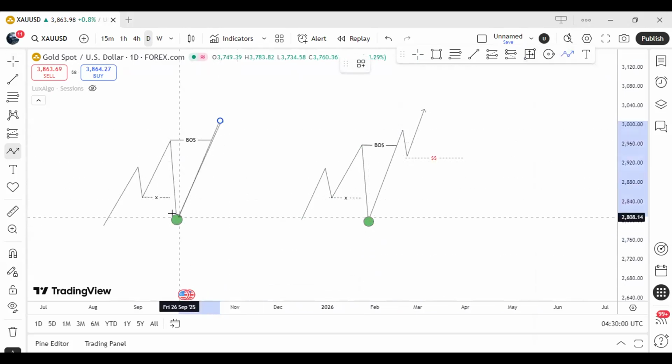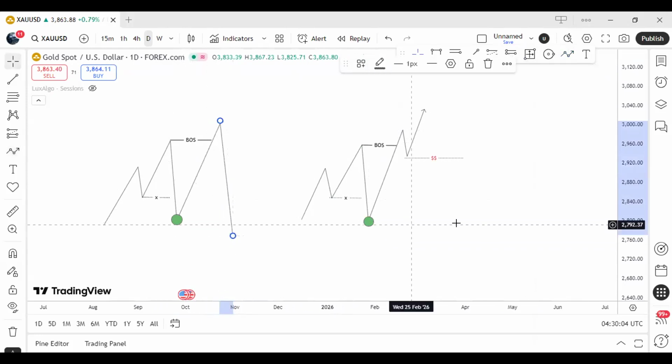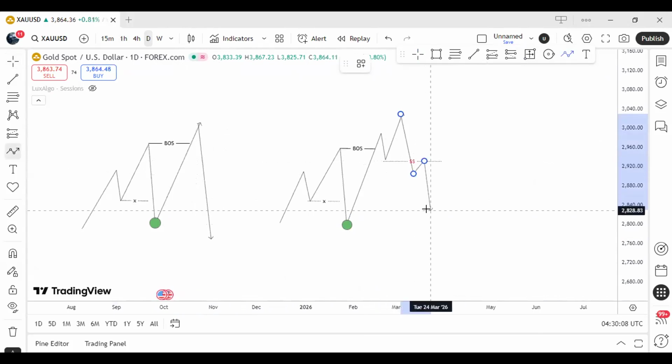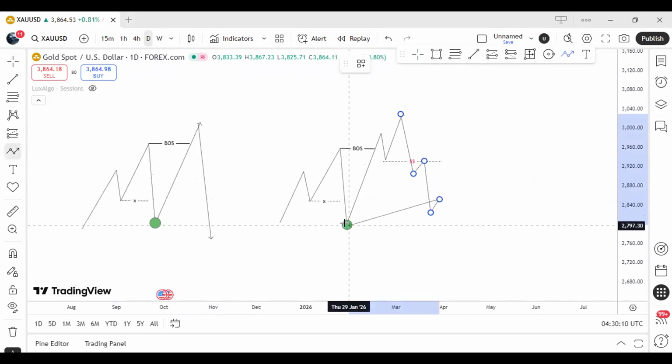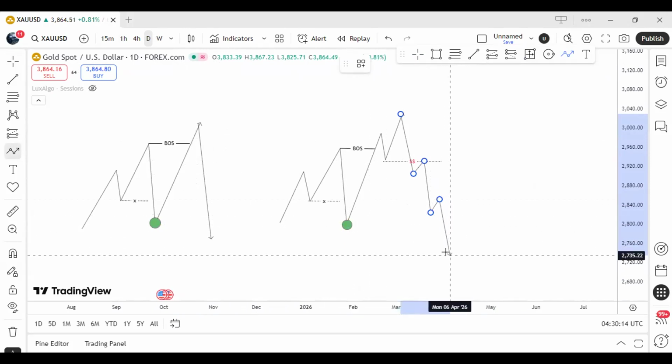So if price should retrace to break this, then we can consider this to be a trend change. The same way, if price should retrace all the way to this zone to break this strong low here, then we confirm it to be a trend change. Simple and short. Remember, I said I don't want to make this video too long.